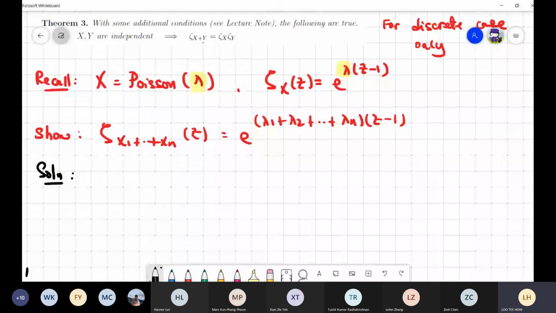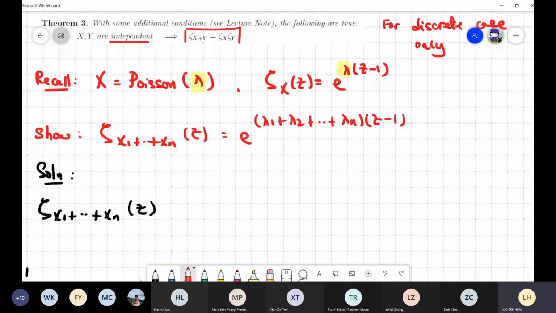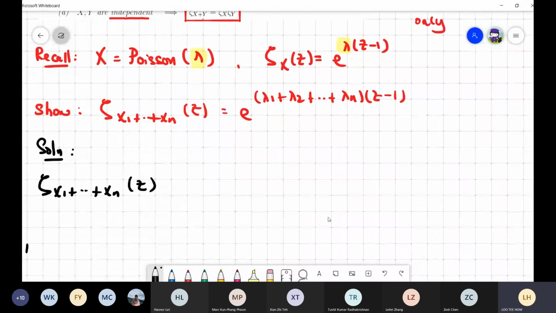So we just need to show this is equal to this. So zeta of x1 plus up to xn at z. Again, as I said, when all these are independent, we can use this formula or these decompositions. This is also applicable up to n independent random variables. So that's why this can be written as zeta x1 z multiplied by zeta x2 and so on up to zeta xn z.